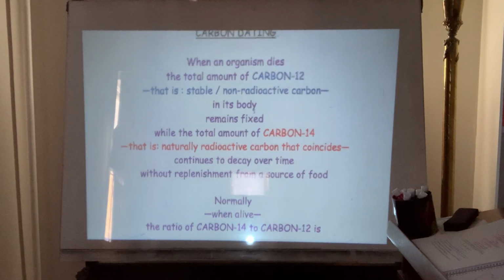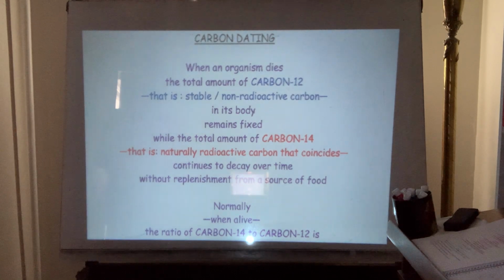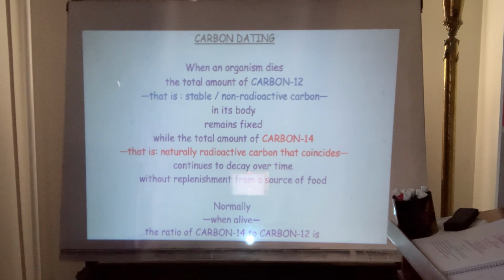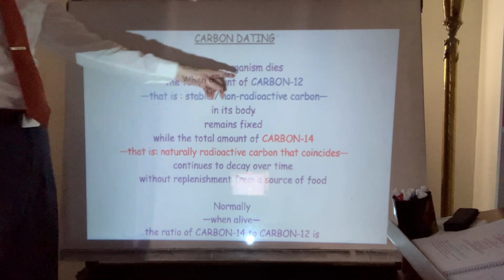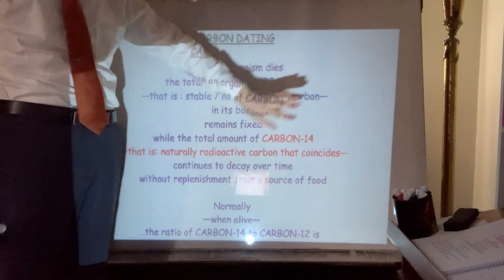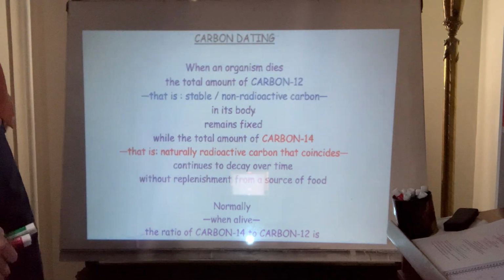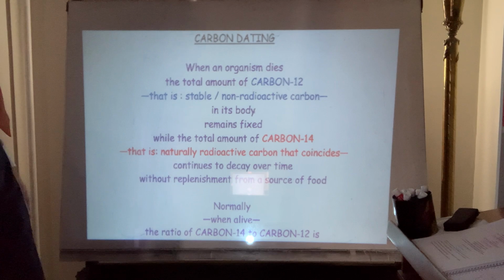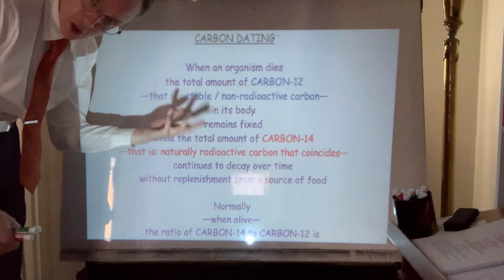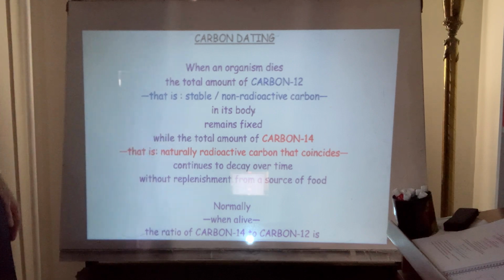All right. This is about carbon dating, right? Which is a fascinating subject. When an organism dies, the total amount of carbon-12, that is the stable non-radioactive carbon atoms in the substance, or in the organism in this case, in its body, remains fixed. If it's not radioactive, it's not going to transmutate into something else, right?